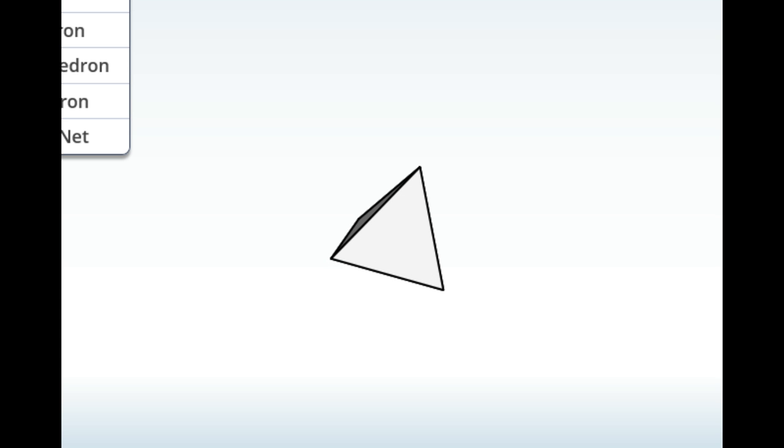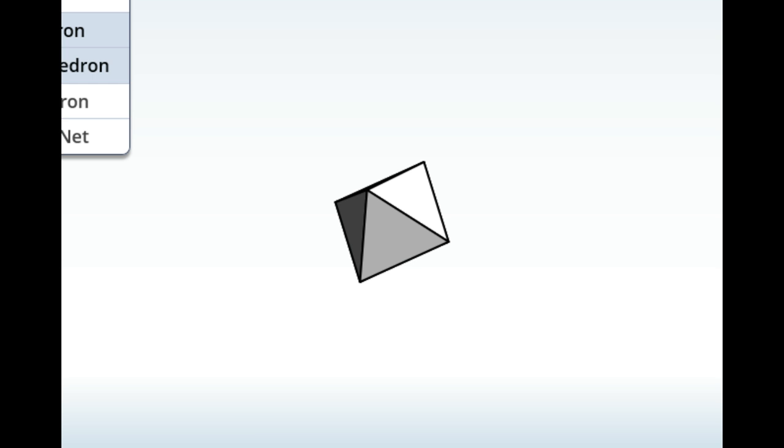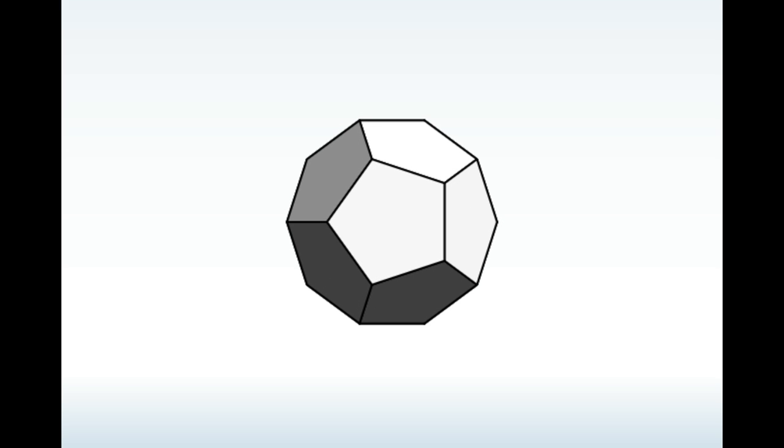This is a tetrahedron. Its faces are made up of equilateral triangles. This is an octahedron. It has 8 faces that are made up of equilateral triangles. This is a dodecahedron.